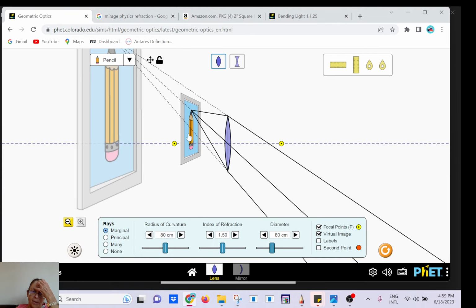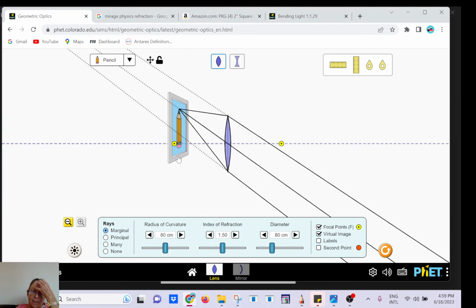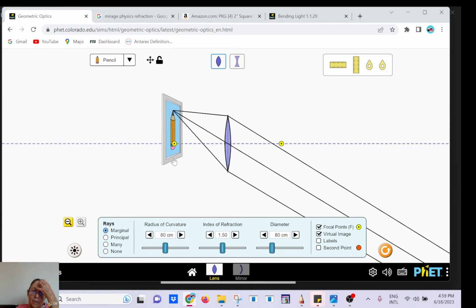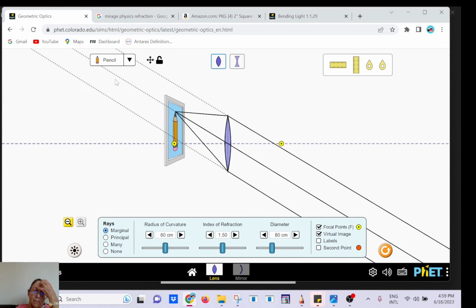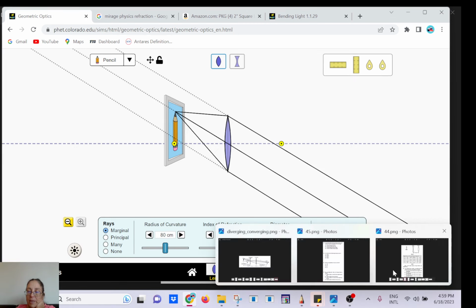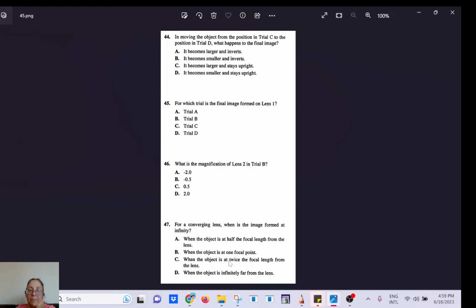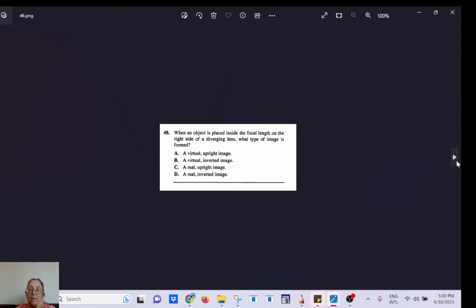If you put the object here, you see the image is very far away, at infinity. It's not really infinity, it's very far relative to that distance here. So the answer will be when the object is at one focal point. So that's an easy question.